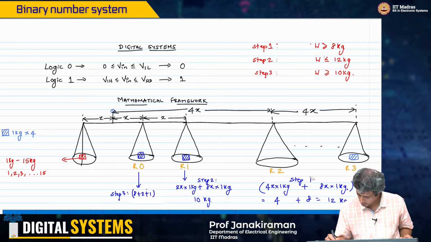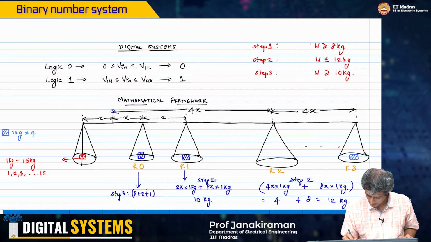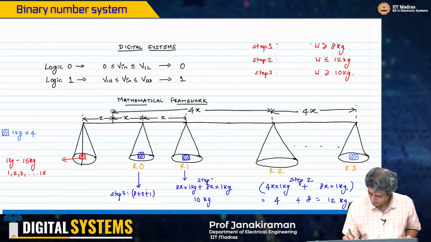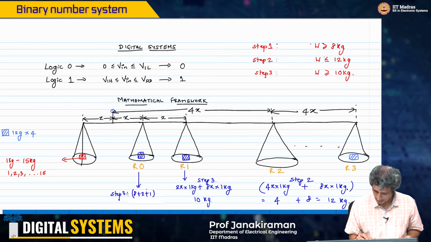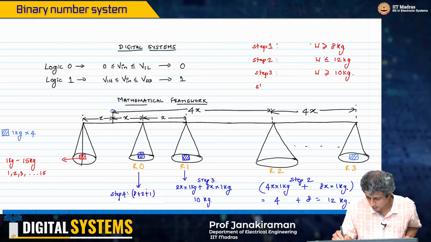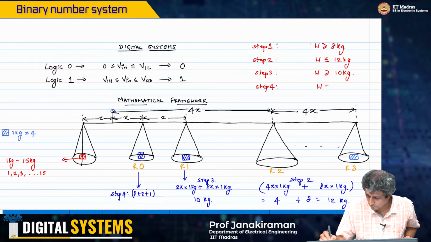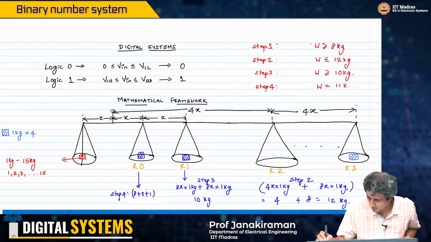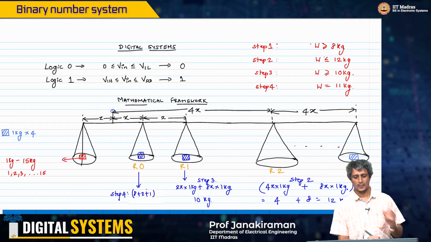This was step 2, this was step 3 and this is step 4. So in step 4, the weight will therefore be exactly equal to 11 kg.